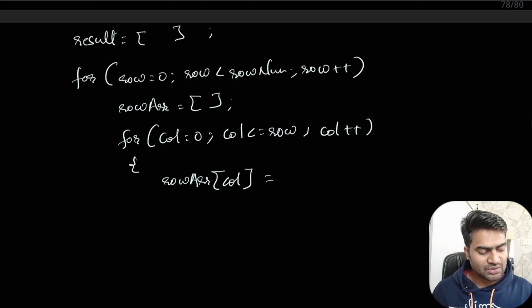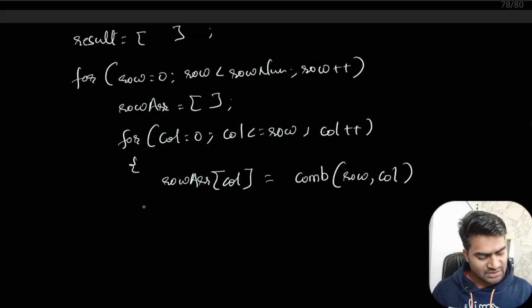It will be equal to, we will have to apply this nCr formula, correct, right? So for that, I will say combination. Basically this is a method which takes n value comma r value. So for us, n is nothing but our row here, then r is nothing but our column. So I will pass those.